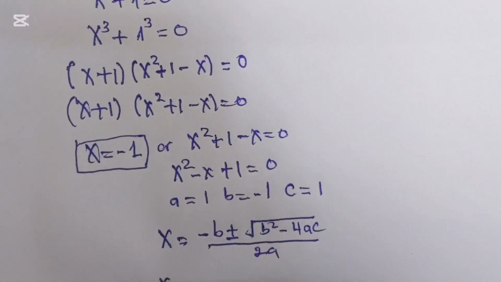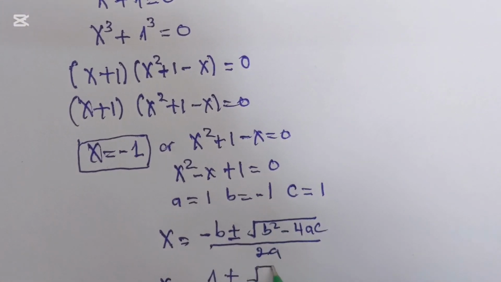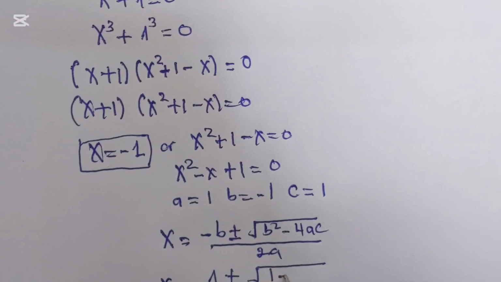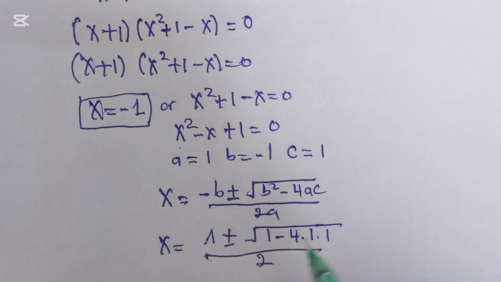So x will be equal to negative of negative 1, which is 1, plus or minus square root of 1 squared, which is 1, minus 4 times 1 times 1, over 2.